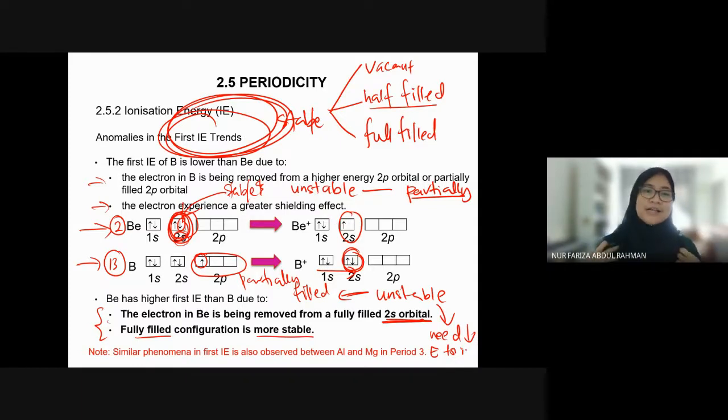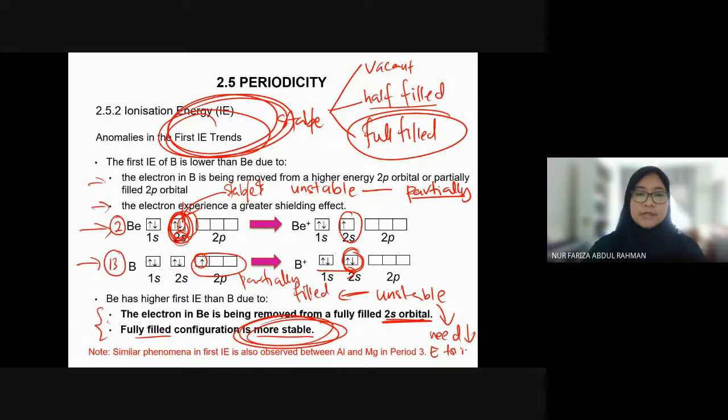Saya personally cakap I will go for orbital diagram rather than tulis paragraph ke apa. But make sure that you have all the information there lah, unless you lupa nak label, itu minus lah. So the keyword will be fulfill ni, this one. More stable here. Okay, alright.